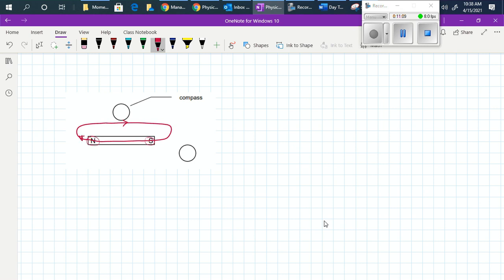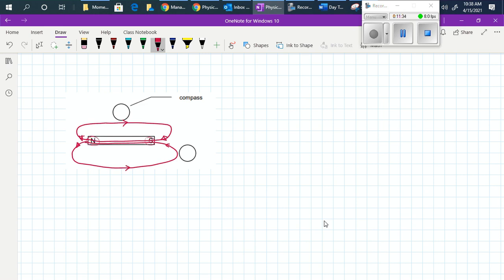The direction is this one. Keep in mind, it doesn't matter what field lines you are drawing, gravitational, electric, or magnetic, they will never cross.